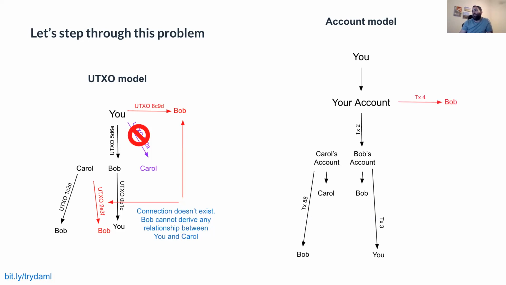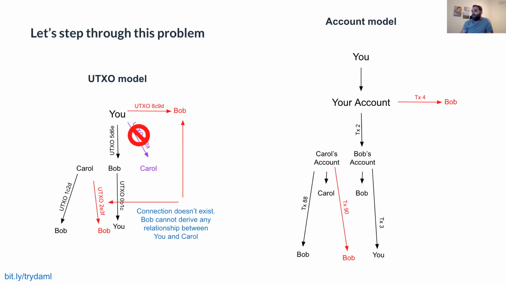In the account model, it's slightly different because Bob goes over here and says, okay, well, we have transaction 4 between you and me. And Bob says, oh, we have transaction 90 between me and Carol. And so that's peculiar because Bob knows that the last transaction he did with you was transaction number 2.